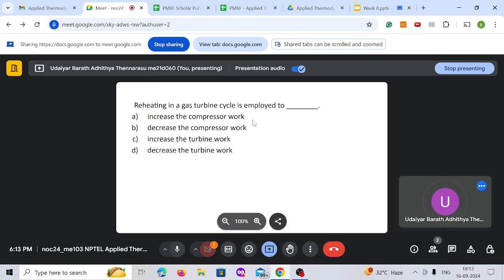Next is, reheating in a gas turbine cycle is employed to dash: A. increase the compressor work, B. decrease the compressor work, C. increase the turbine work, and D. decrease the turbine work.